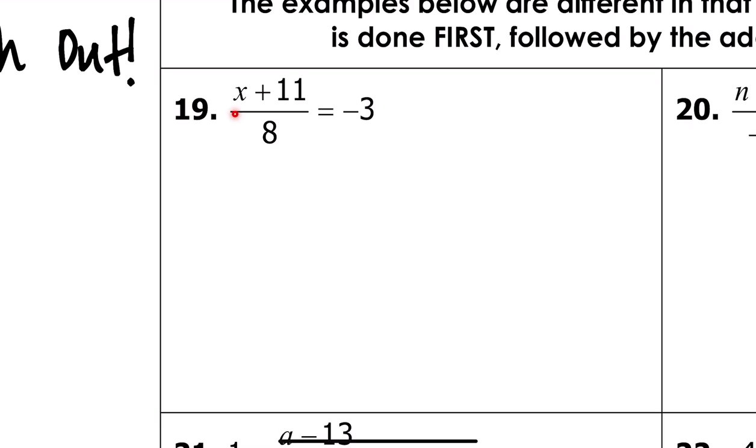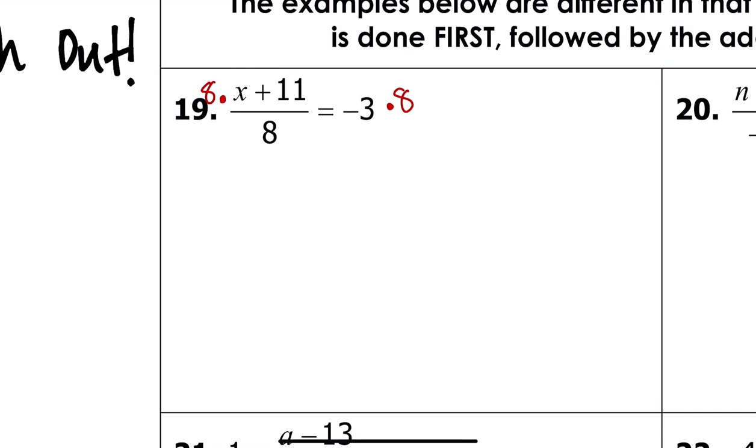We have to take care of this division symbol or fraction bar first. So, we know that the opposite of dividing is going to be multiplying. So to get rid of that 8 and this fraction bar, we're going to multiply by 8 on both sides. This does not mean that you're going to multiply times each thing up here. Don't do that.